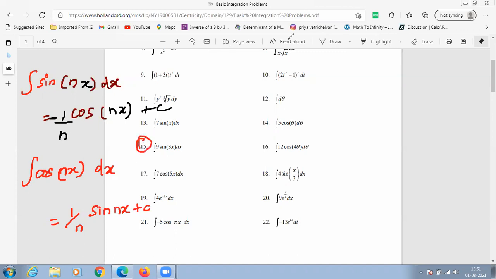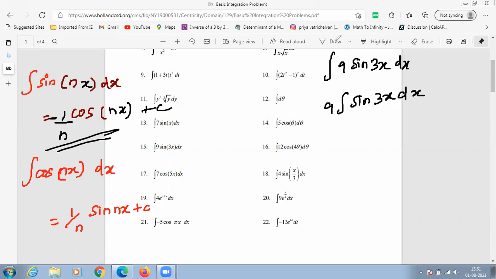Question number 15. Integral 9 sin 3x. Take the 9 out. Integrate sin 3x by using this formula. Here the value of n is 3.